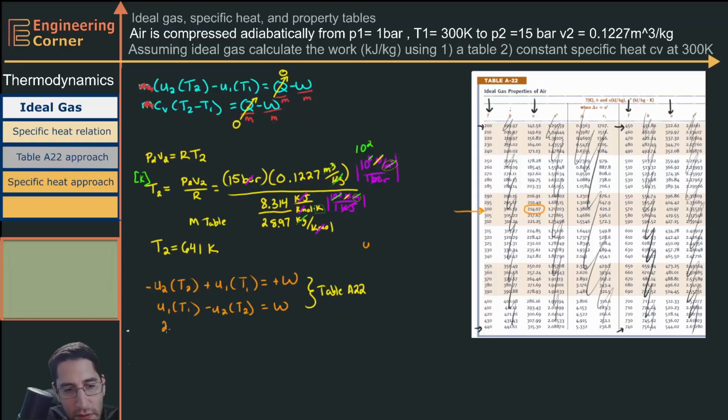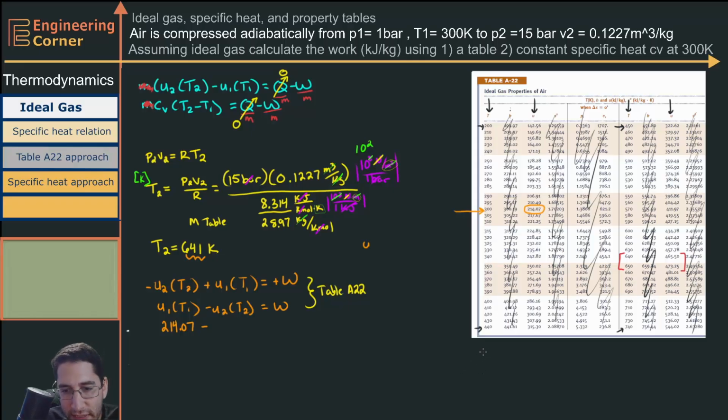So this is going to be 214.07 minus the internal energy at T2. Well, T2 is, we found it, this 641. 641 is somewhere between the two values of 640 and 650. So we're going to need to linearly interpolate.